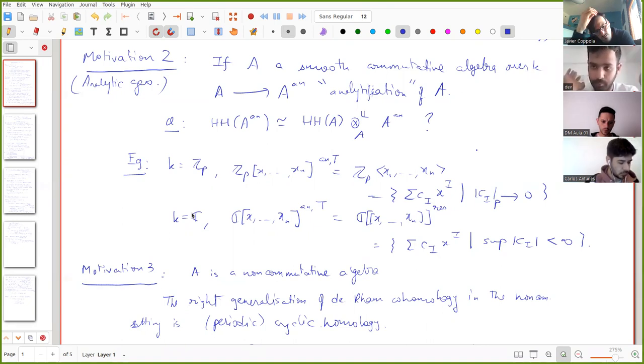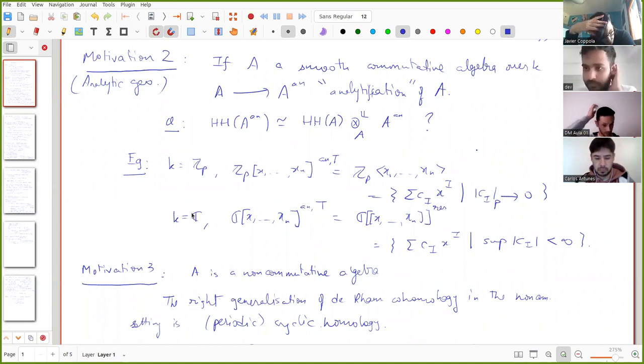So you view it as a complex variety. Then you can compute the Hochschild homology of the complex variety in terms of the Hochschild homology of the underlying variety. In general it's really difficult, but those are the usual examples.